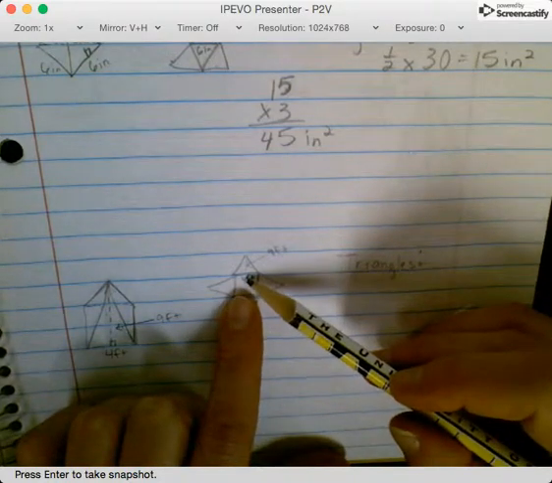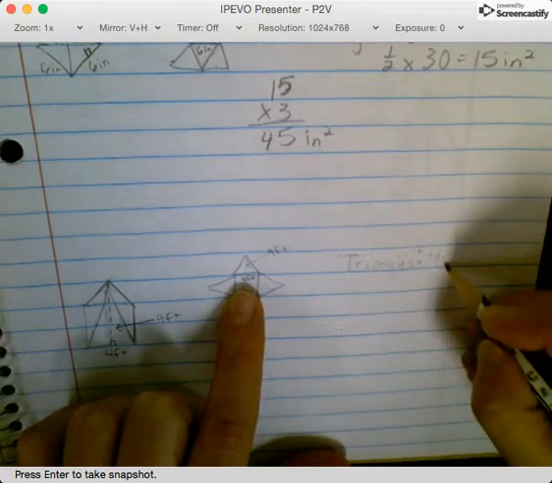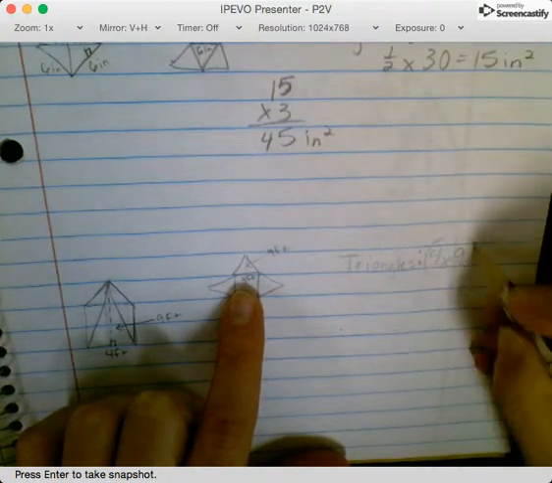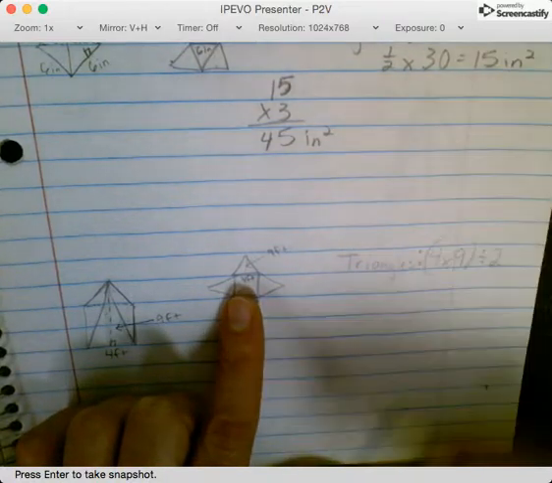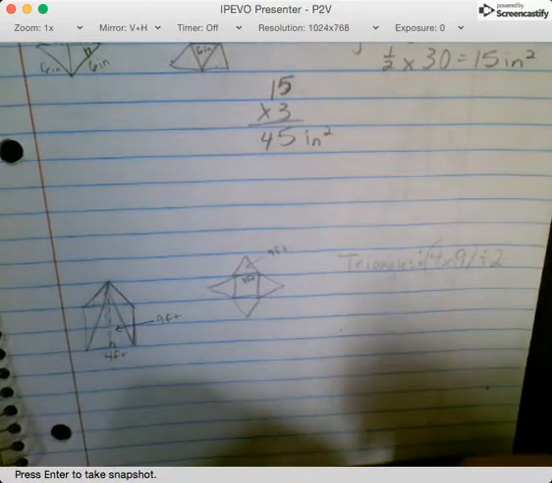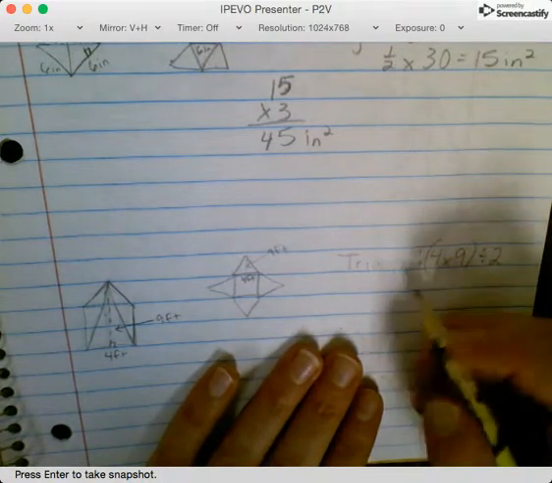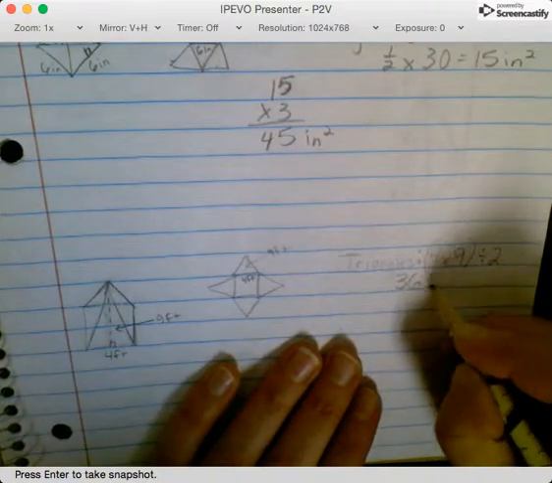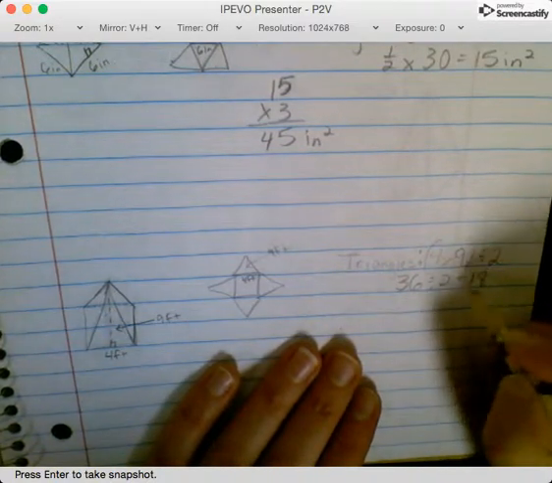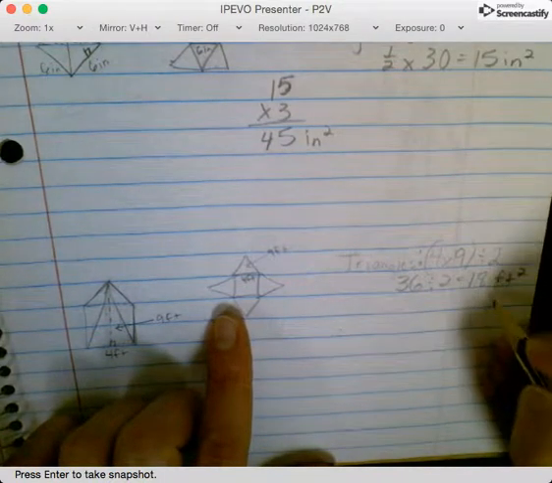So base times height divided by 2. So 4 is my base, my height is 9, and I'm going to divide that by 2. You could also do the 1/2, doesn't matter. We'll get the same answer. So 4 times 9 is 36, and 36 divided by 2 is 18. So each triangle is 18 feet squared.